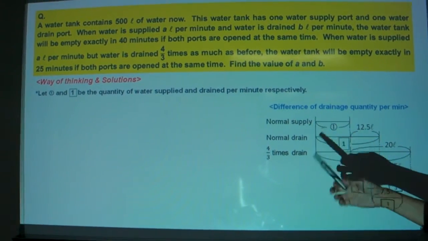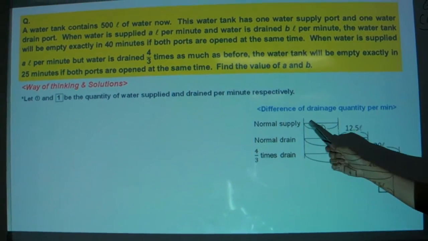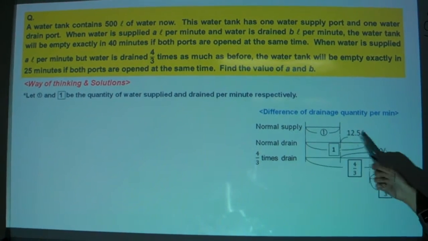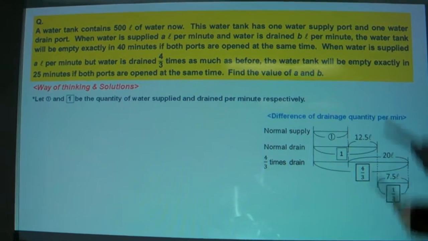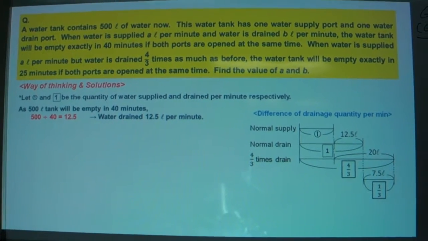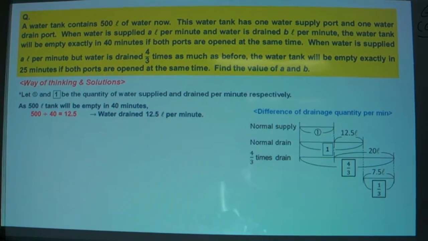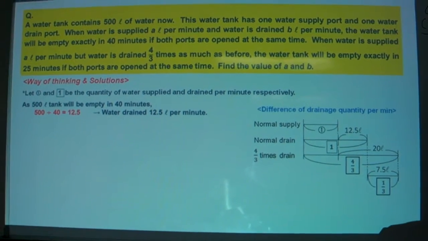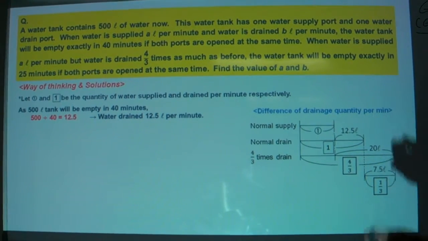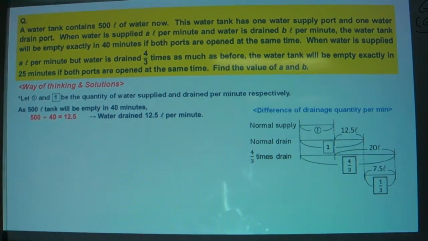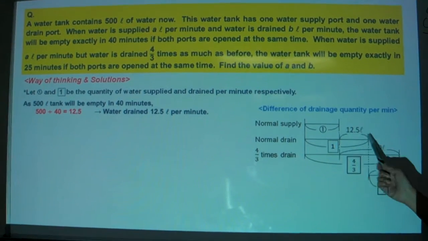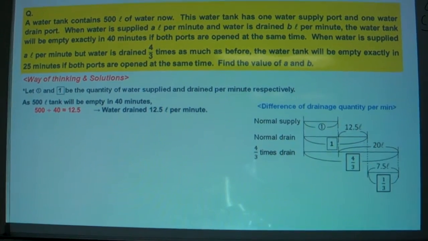So in the first condition, supply is 1 circle per minute and flow out is 1 square per minute. Then in this case, the 500 liter water will disappear in 40 minutes. So 500 divided by 40 gives you 12.5. So finally, the water drains out 12.5 liter per minute. The difference between 1 circle and 1 square per minute is 12.5 liter.